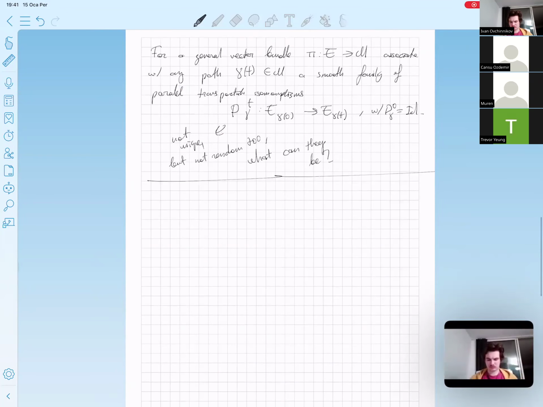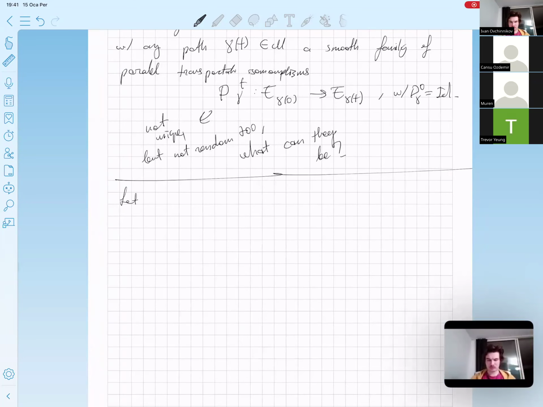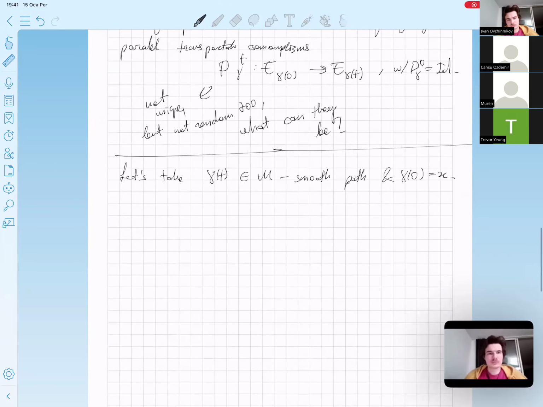Okay. So let's take gamma t in M to be a smooth path. And at 0, it's little x. And we are given a smooth section along gamma, which means that we're looking for a section in this.